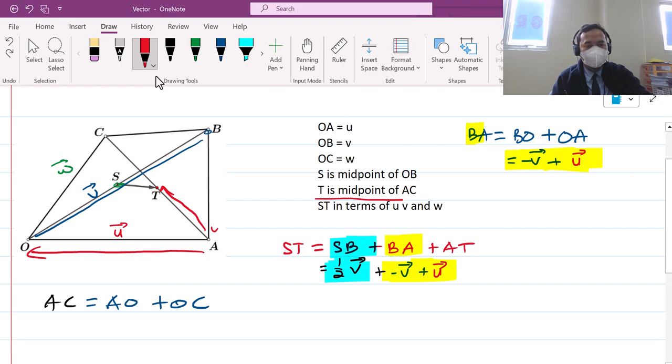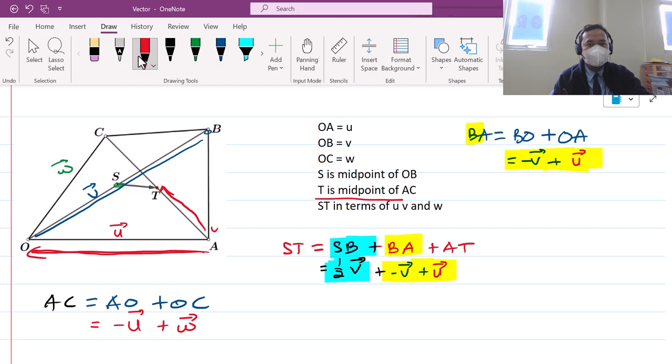Okay, so why do we use that? Because again, you need to involve the U, W, and V, right? So from A to O, it's like U, but in the opposite direction, meaning this will be minus U, right? And then O to C is just this W over here. So I can write down minus U, and then plus W, like that, okay?